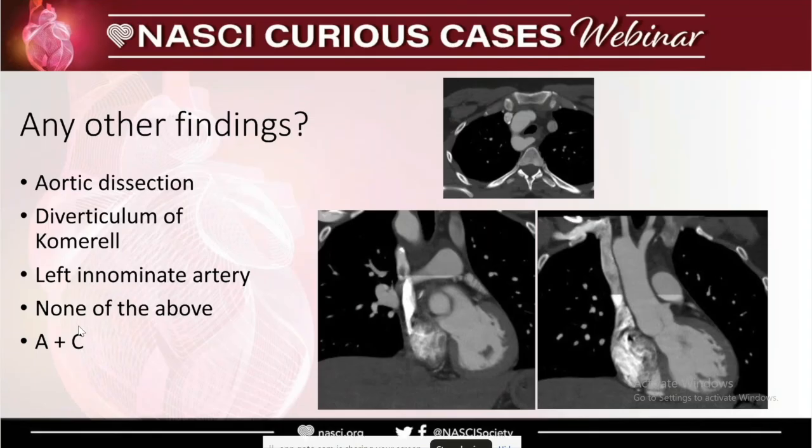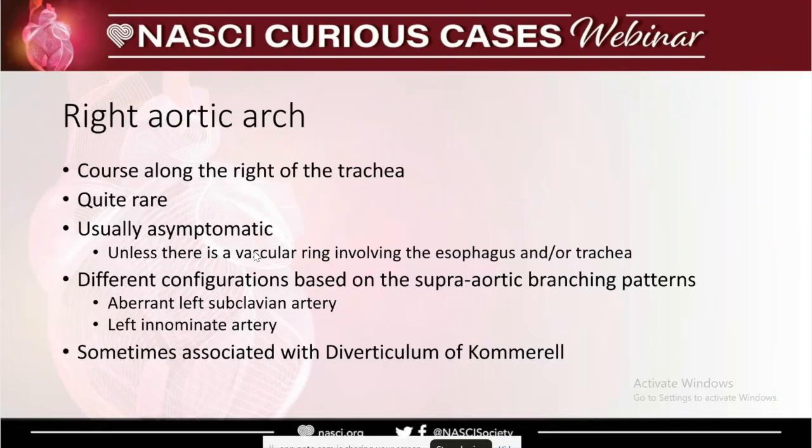Okay. So the finding is the diverticulum of Kommerell. And there's also a left innominate. So basically, when you think about right aortic arch, usually there can be other anomalies associated with that. Right aortic arch, unlike the normal course, courses to the right of the trachea and spinal column. It's not very common, and it's usually asymptomatic unless we have a vascular ring, especially formed by the arch and by the aberrant innominate or left subclavian coursing around the esophagus and trachea.